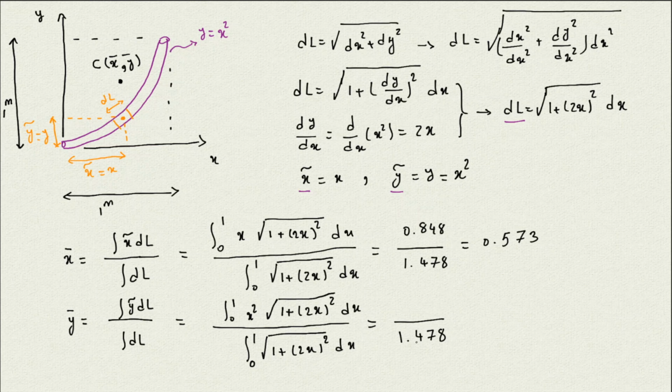So the integration of dl you already have, so you only need to calculate the new one. It's going to be 0.606, which is going to give you 0.410. So if you look at that again, that centroid is not located on the object, it is off the object.